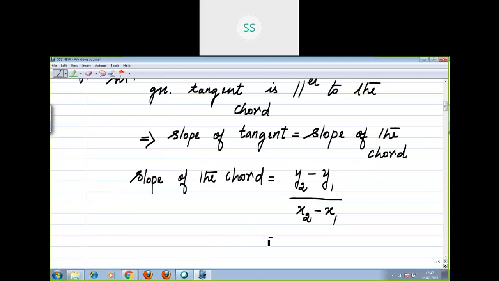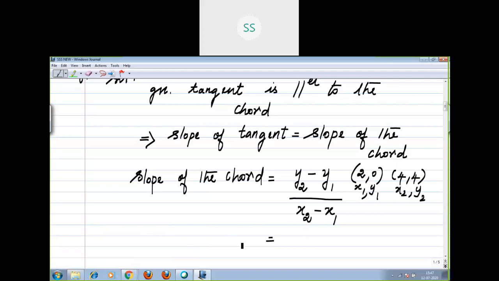So, your points are (2, 0) and (4, 4). If you want, you can label them x1, y1, x2, y2.